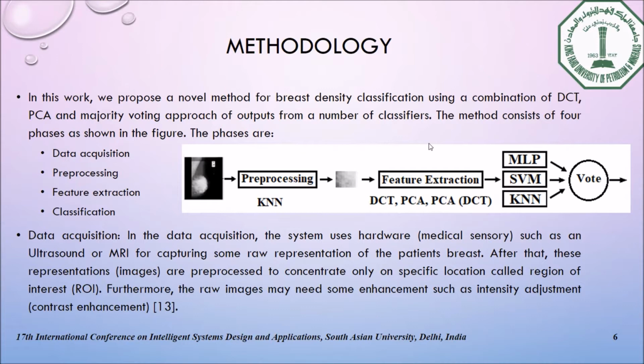In data acquisition, the system uses hardware or medical sensory data such as ultrasound or MRI for capturing some raw representation of the patient's breast. After that, these images are pre-processed to concentrate only on a specific location called the region of interest, ROI.